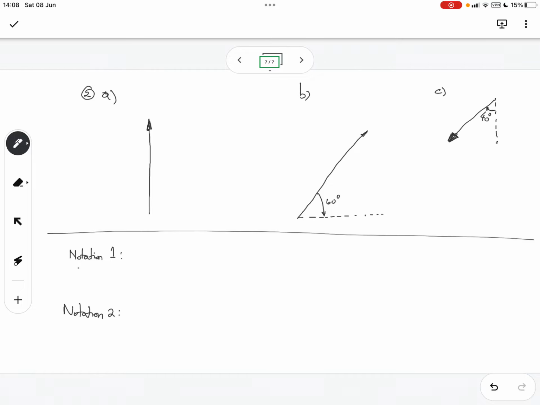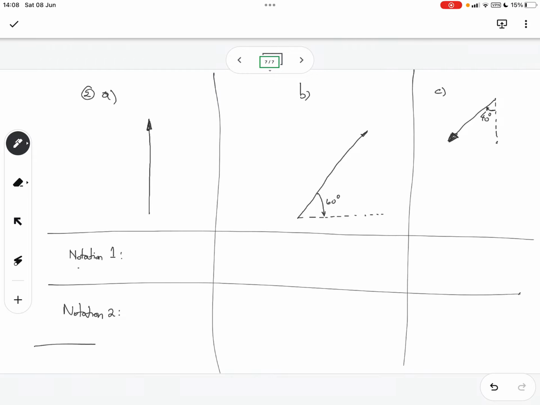So we must use 2 different notations for each of these. So we've got notation 1 there and notation 2.